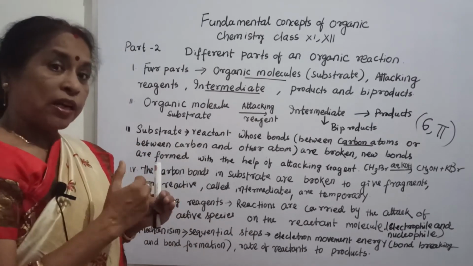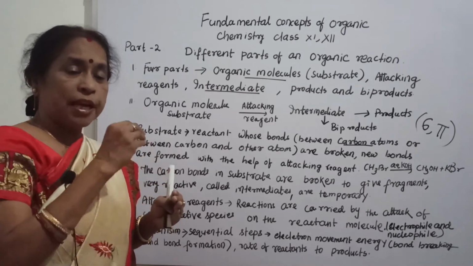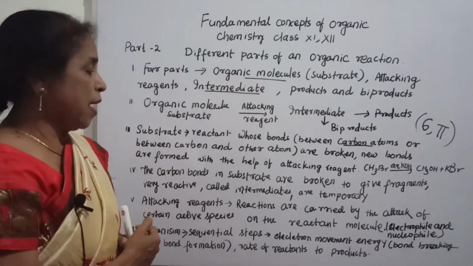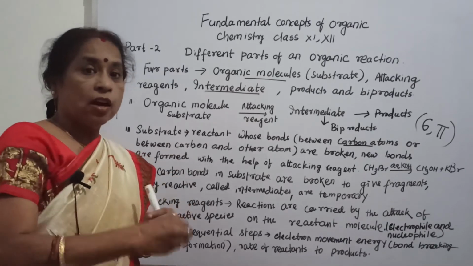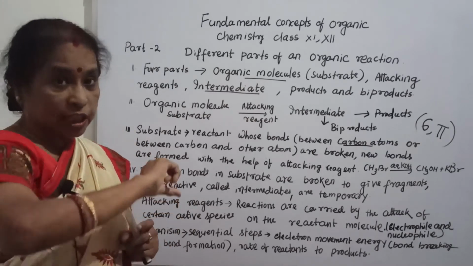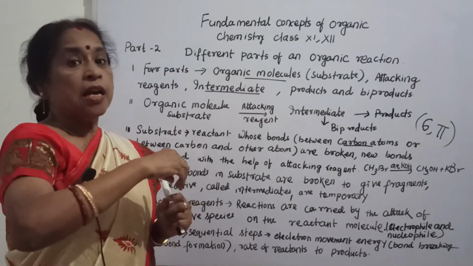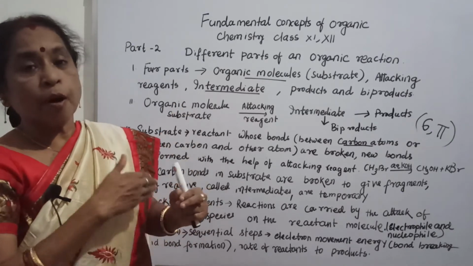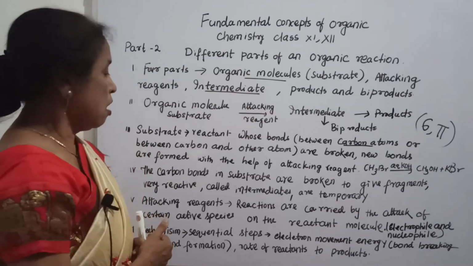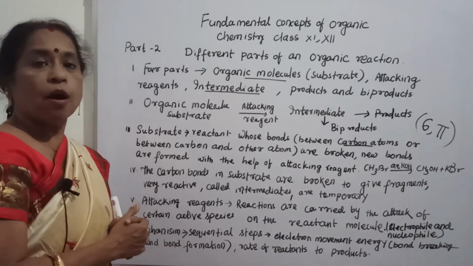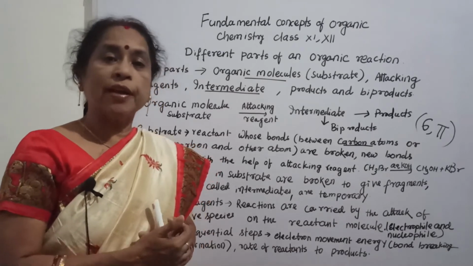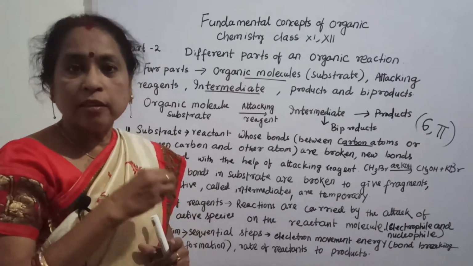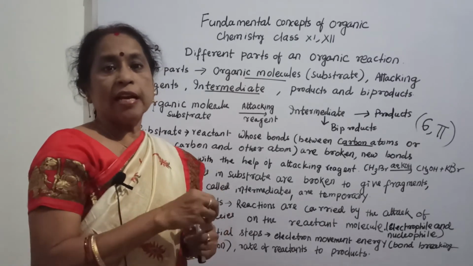The mechanism will describe in detail the electron movement and electron movement energy: how the electron moves and how the energy is involved in the breaking and formation of the bond. And also the rate of reactant to product. Rate here means it will describe whether the reaction is slow or fast.